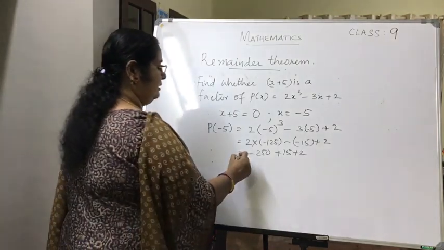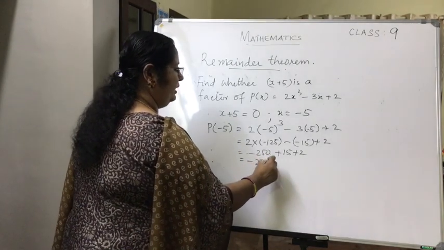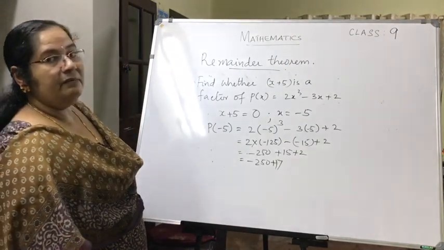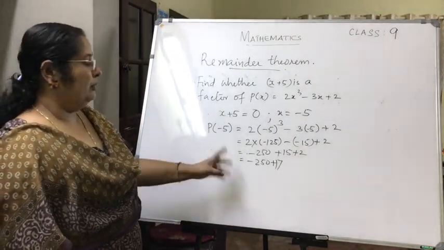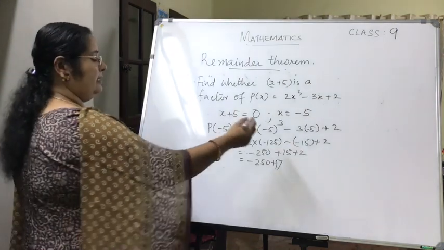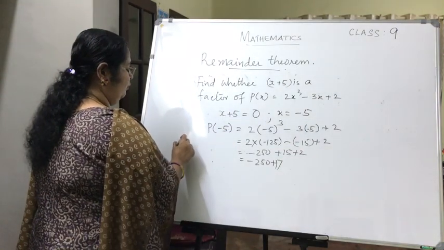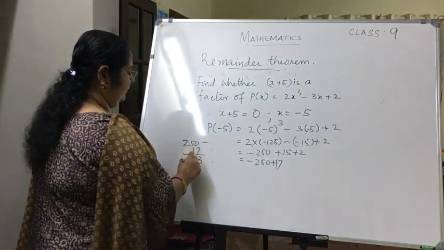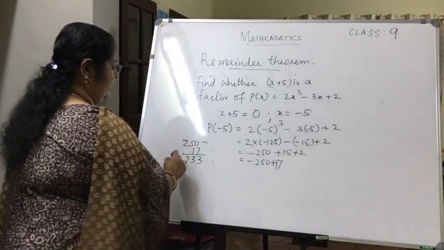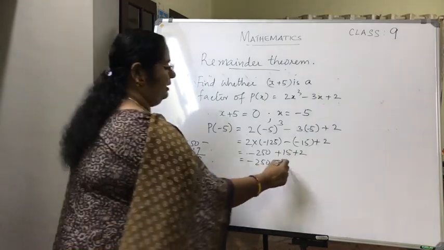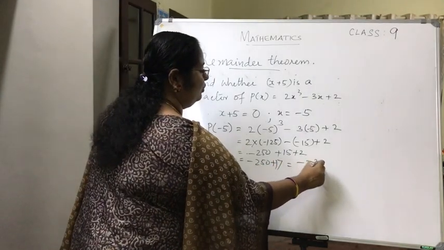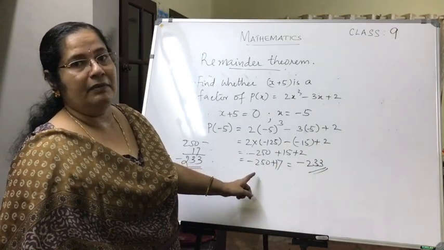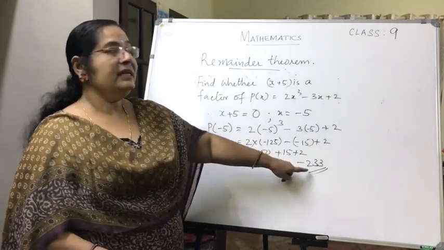So this will be minus 250 plus 17. Subtract and put the sign of the greater number. So this will be 250 minus 17, which is 233, so minus 233. Why the negative sign? Because 250 is the greater number. So the remainder is minus 233.